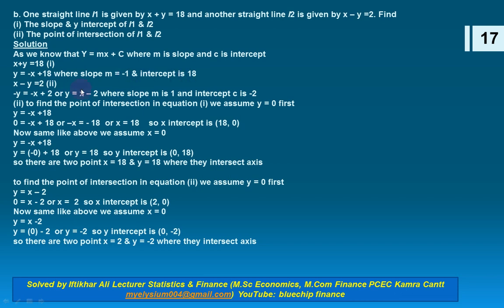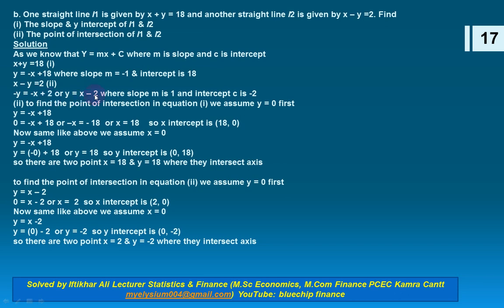In equation number 2, x minus y equals 2, when this x goes to the other side of the equation, it becomes minus y equals 2 minus x, or minus x plus 2. We want to eliminate this minus sign, and the method is very simple: just change the signs of the whole equation.